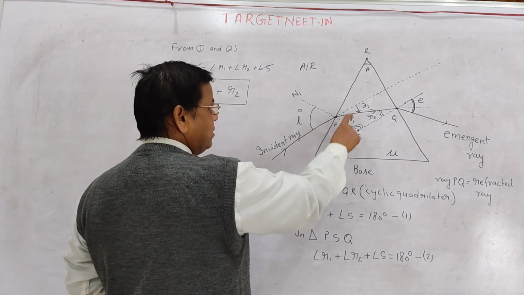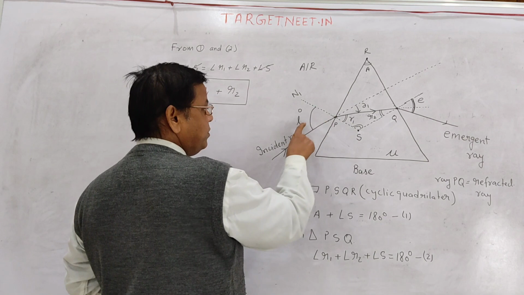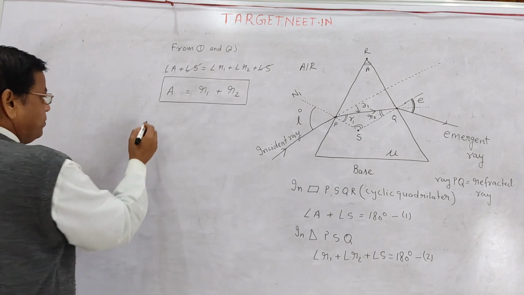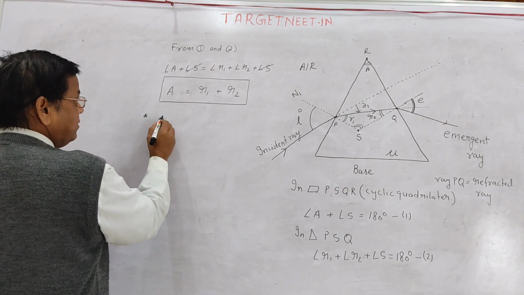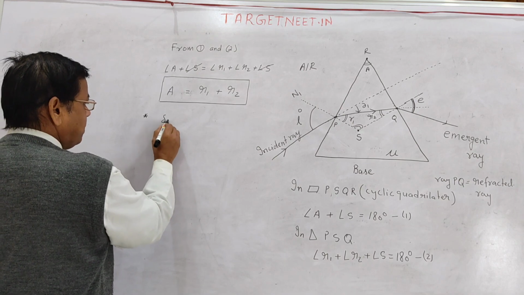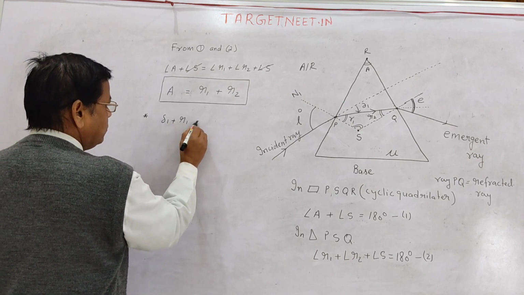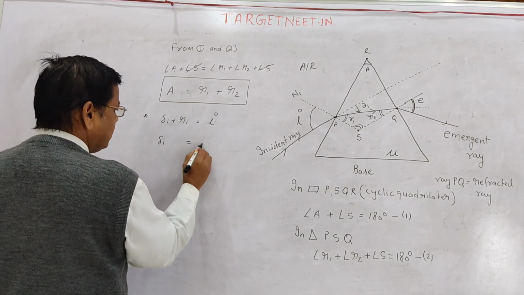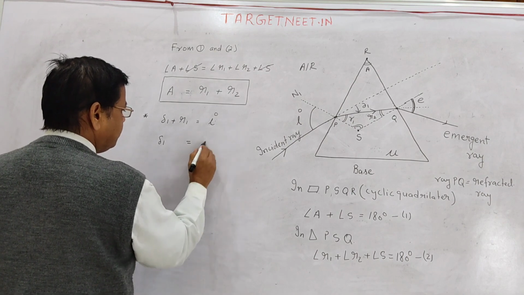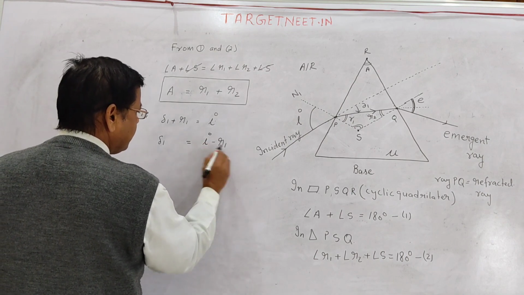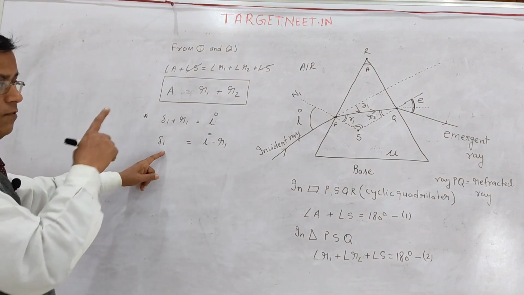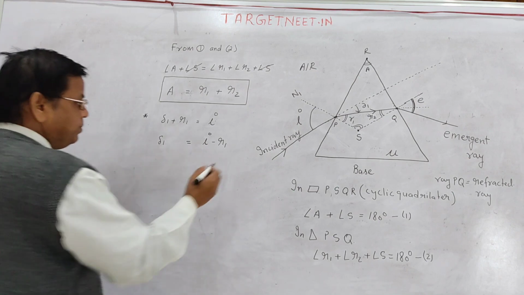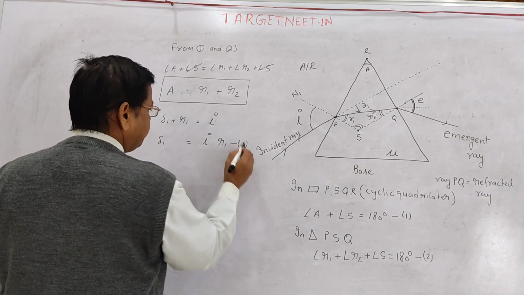So from this diagram we can say that delta 1 plus R1 is equal to I, hence delta 1 is equal to I minus R1. What is delta 1? Deviation at first refraction. Let this be equation 3.